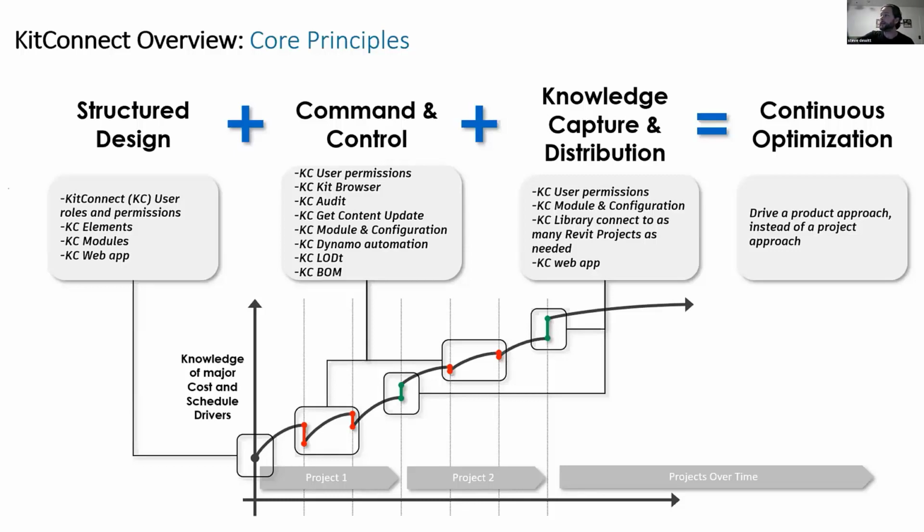The next project kicks off, we've got all the lessons learned from the previous one. So we've been able to continuously optimize our building based upon anything from a cost input, a fabrication input, or a user feedback input. Each one is going to be slightly different, but each one is going to be slightly better.